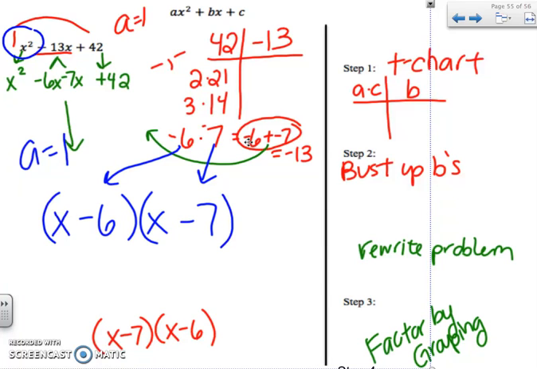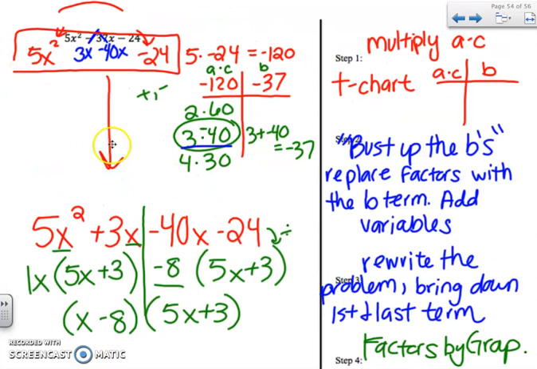Again, these are the same answers. So x minus 7, x minus 6 is the same as x minus 6 times x minus 7. So again, order does not matter in these. But with the shortcut, you can use it only when a is a 1. So when you've got a number in front of x squared, you're going to have to do all of this the long way because it's not that easy.